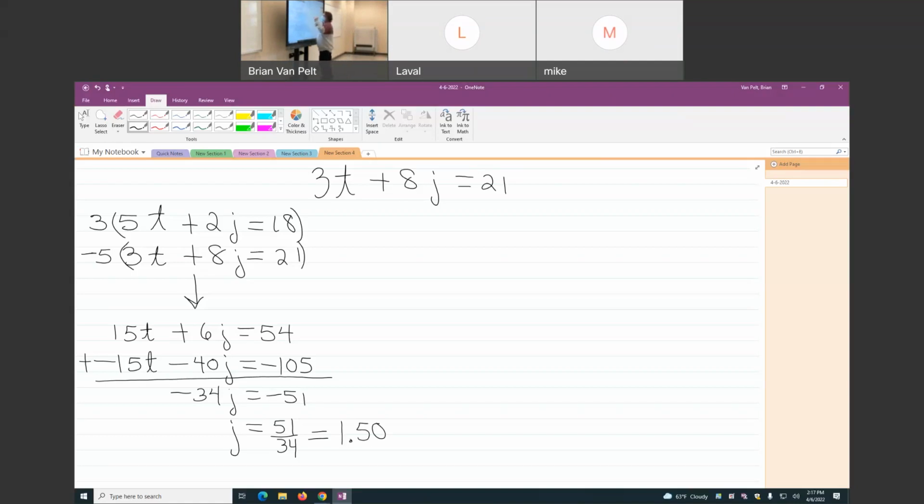Now remember, to get rid of the other variable, you rewrite the equations again. 5t plus 2j, 3t plus 8j. Now what numbers would you use to wipe things out this time?